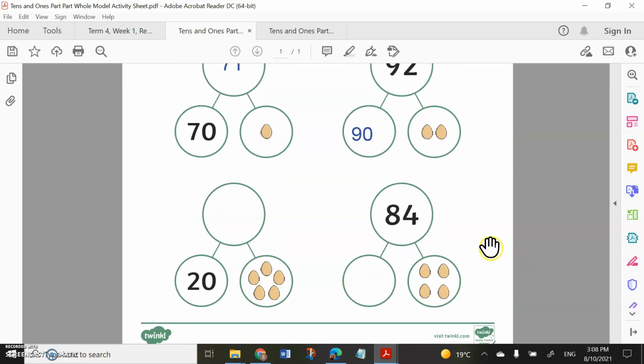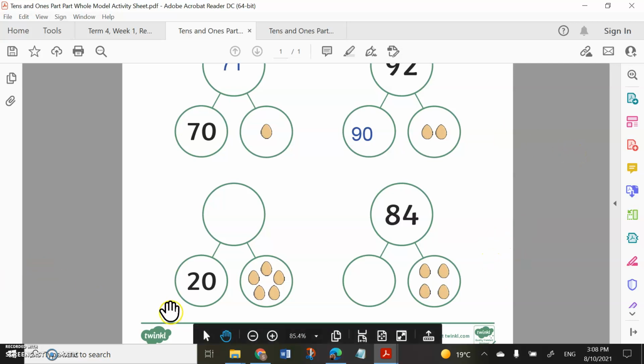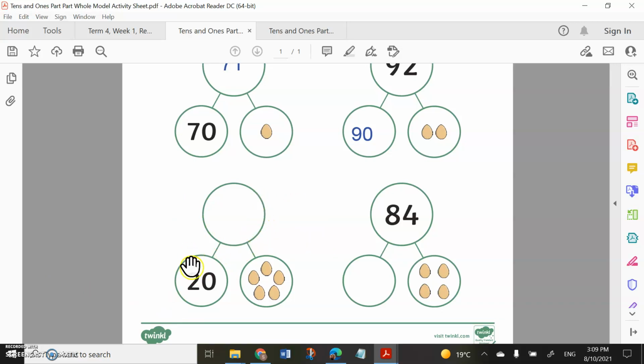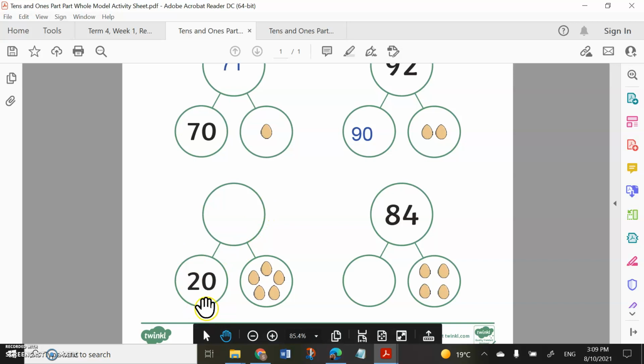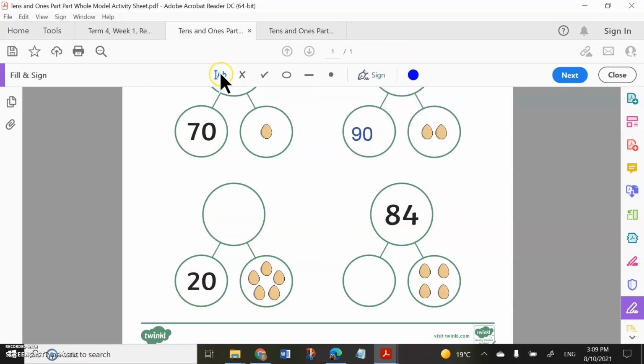Well done, everyone. I hope you're getting them as we're going through. Let's do this one together. Now we've got the missing number again, so we're going to look at the clues. Now our missing number, oh, this says 20. Look, it says there's 2 tens and 0 ones in that number. So I know it's 20 here. So let's write that in here.